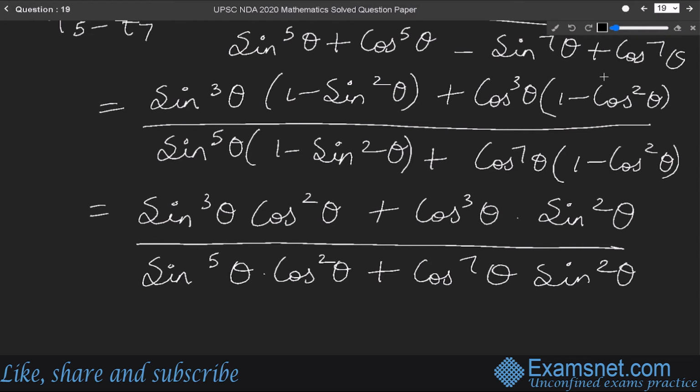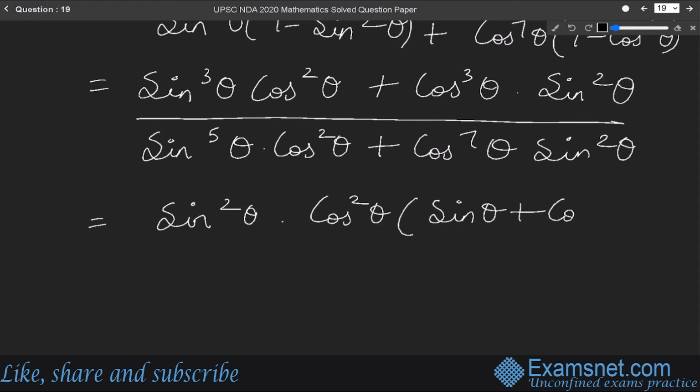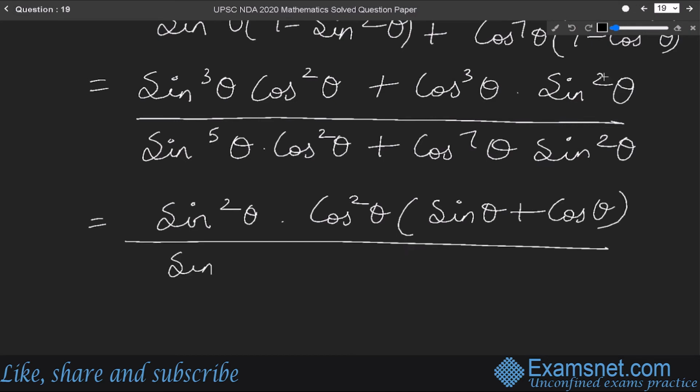Further solving this, we will get sin square theta into cos square theta and sin theta plus cos theta upon sin square theta into cos square theta, and the remaining terms will be sin cube theta plus cos cube theta.